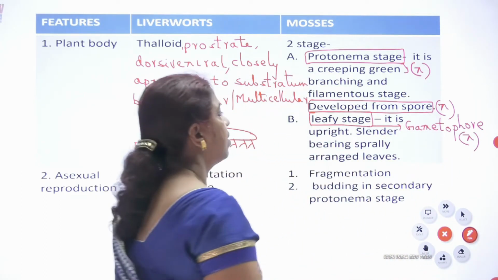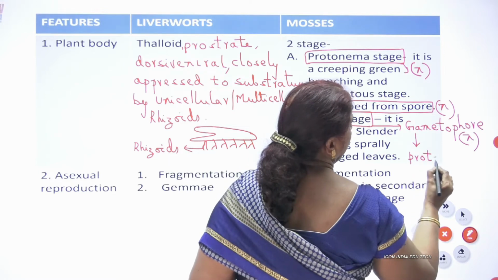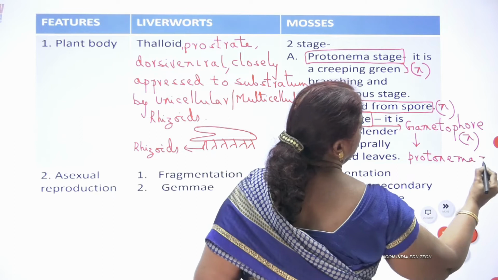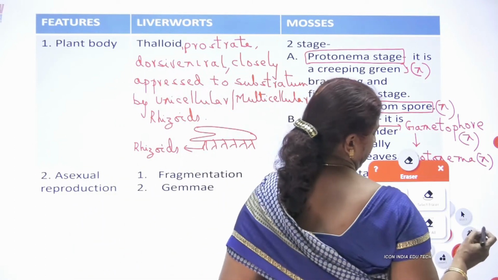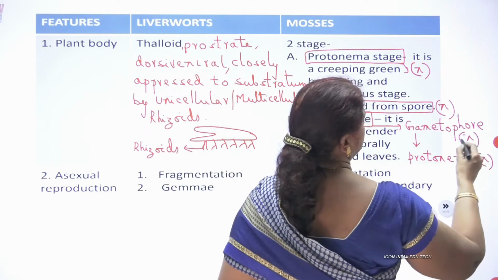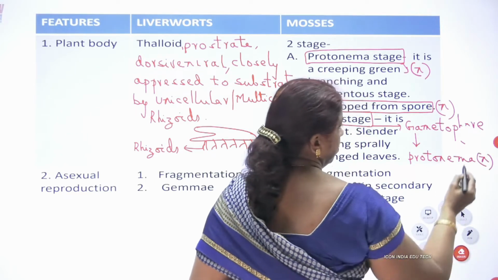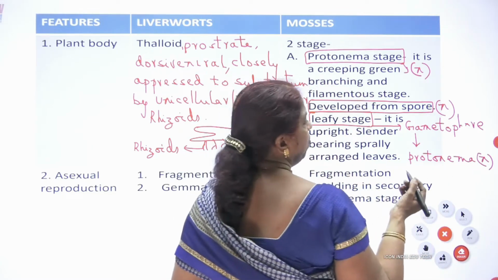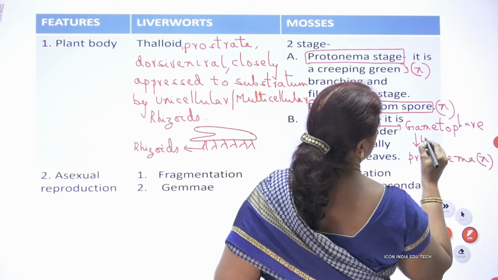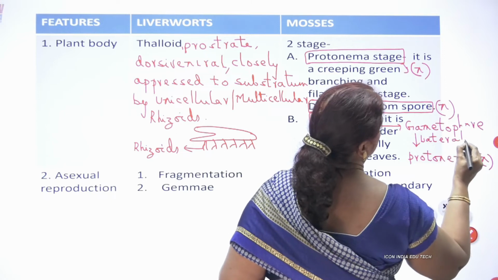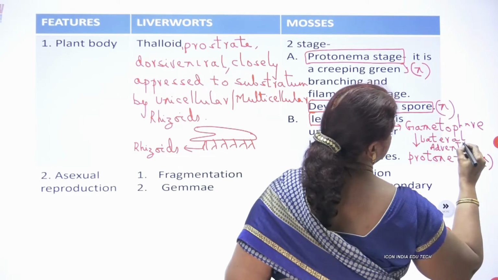The protonema is haploid, and the gametophore develops from the protonema through a lateral adventitious bud.